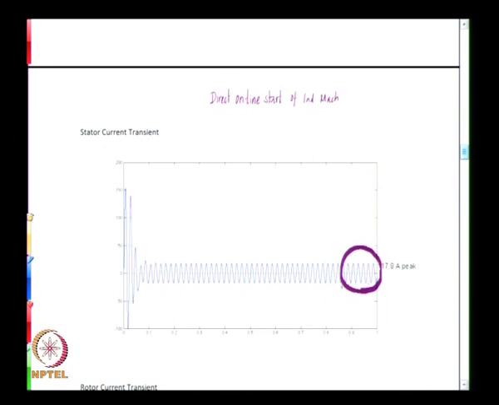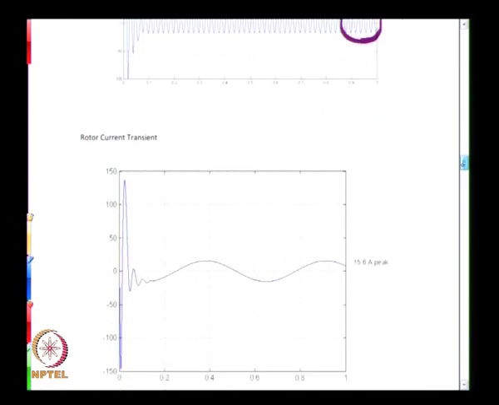So this is the stator current, and here one can see the rotor current that reaches 15.6 ampere peak, and in 0 to 1 second there are about 2 cycles of oscillation.